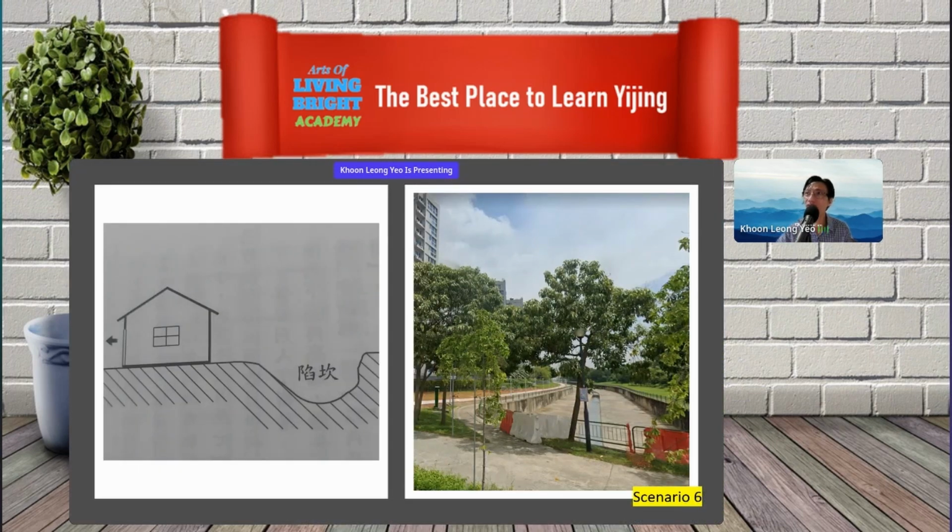All right, so let's say this house is facing the left side, and behind it there is a depression, a slope down, like the picture on the right side, maybe a canal. This is a depression. Then the road. What it means is that people staying there may be on long-term medication. The life force comes to here and goes downhill, and sometimes cannot get up. It's like it's being cut off.